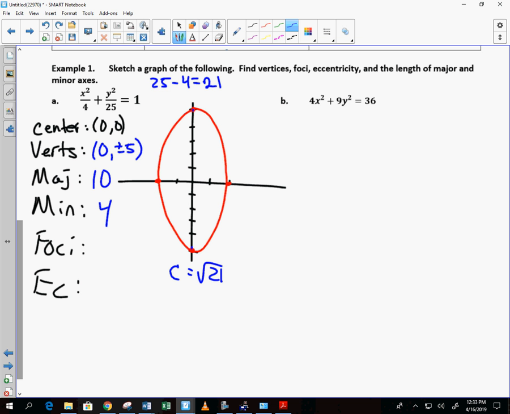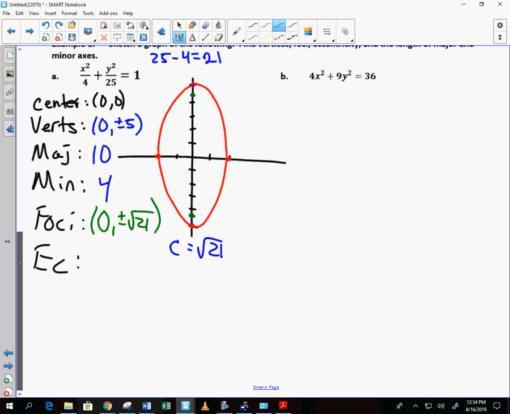All right, so I have this root of 21. Now what to do with it? Well, the foci are going to move along the major axis. Root of 21 is about 4.5. So as I move 4.5 units in each direction, that's about where it brings me. So that's going to be located at 0 and then plus or minus the root of 21. The eccentricity is the C value, root of 21, divided by the A value.